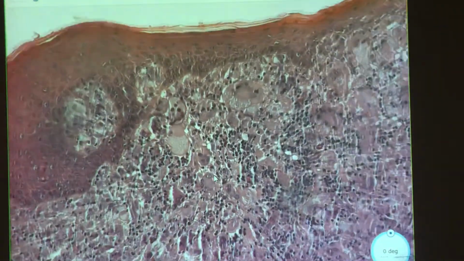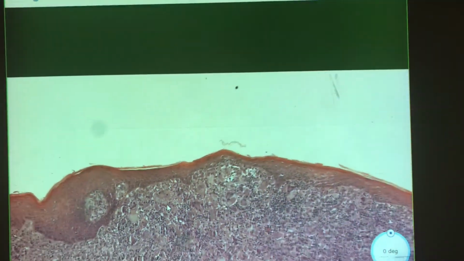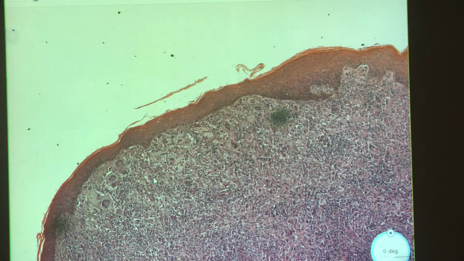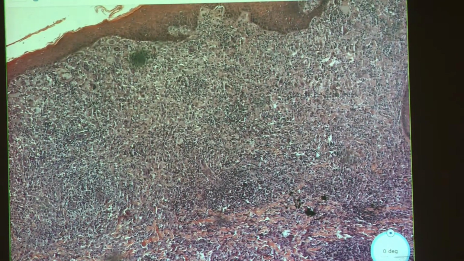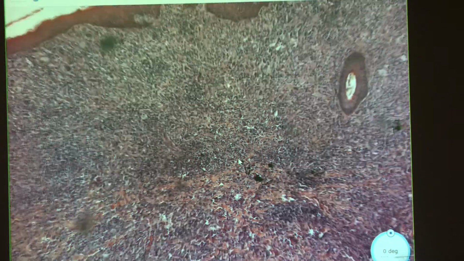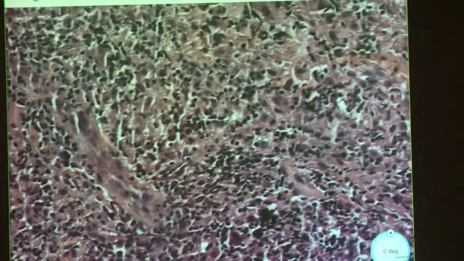But those giant cells stand out. So there you have superficial giant cells. You were saying that the epidermis looks a little thinned. It just looks odd. And a lot of inflammation. And what kind of inflammation? Chronic, lymphocytic.